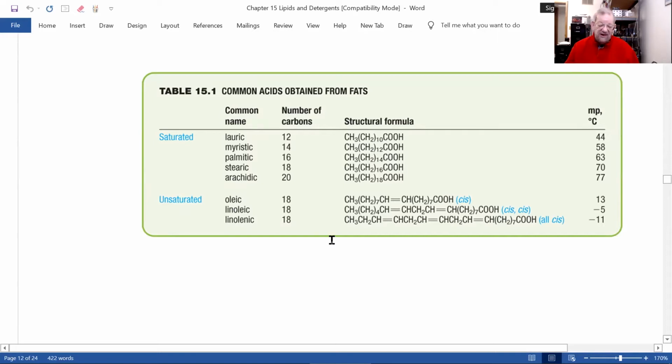Whoever wrote this book, and I know who it is, was not an industrial chemist, but the names are right. And the structures, other than the cis or all cis: oleic, linoleic, linolenic, one double bond, two, three. You should know the structure of stearic and oleic. We've gone through that.